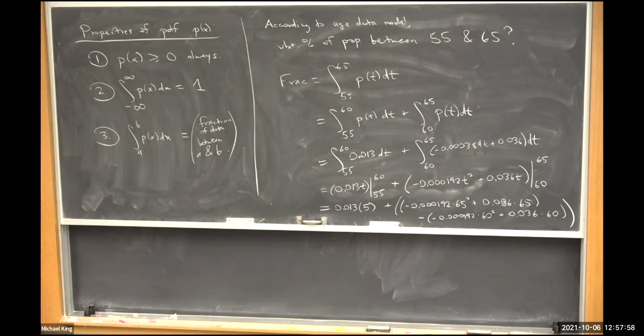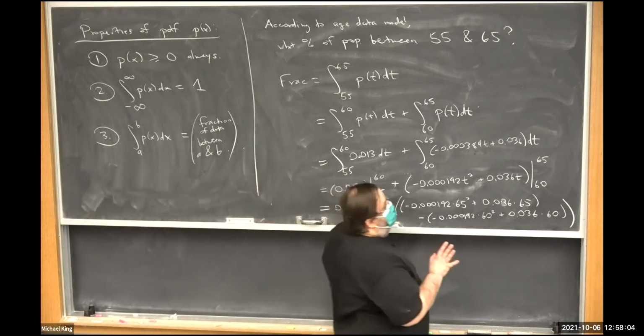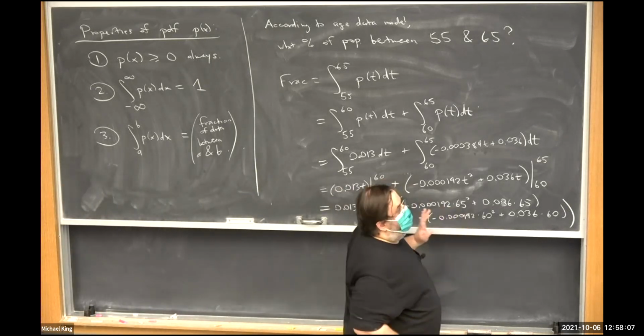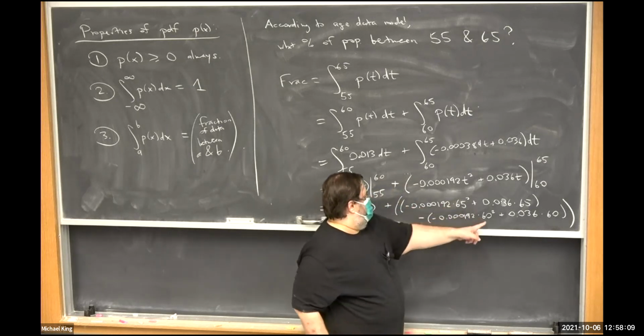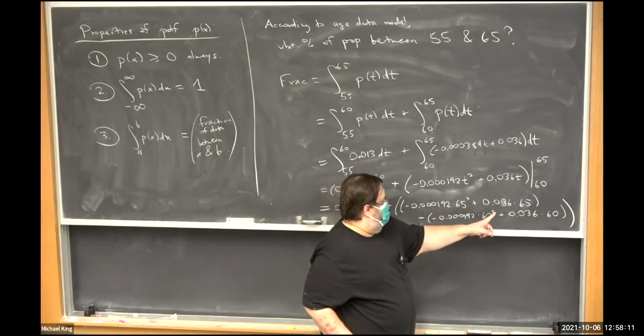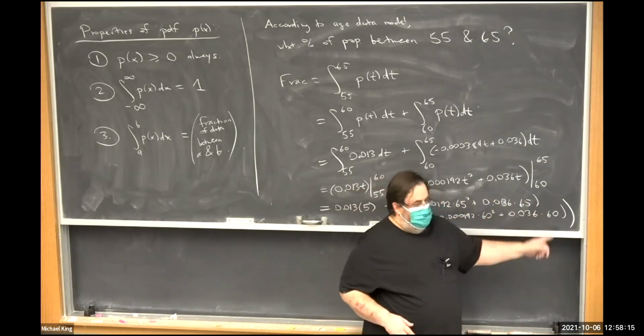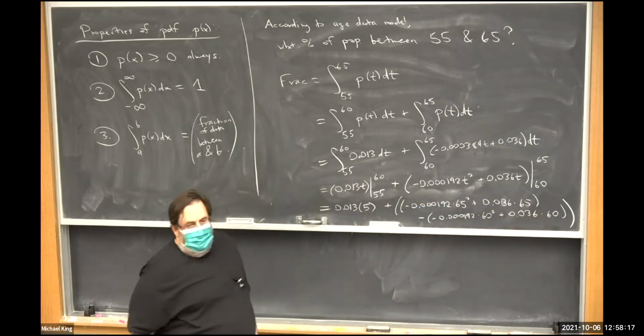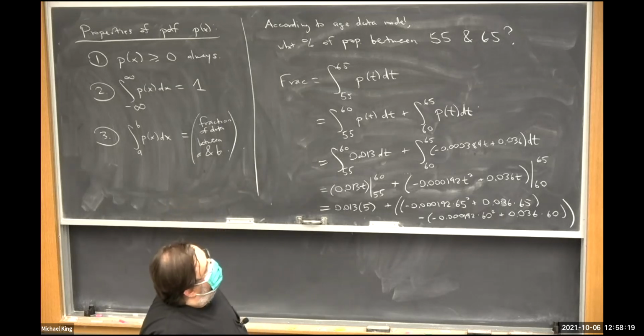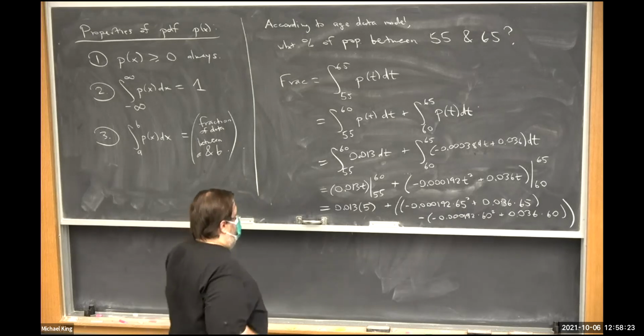Wow, she worked out to be nice. 0.06. I think if I did that right, you guys can check me. But I basically just did the 65 squared minus 60 squared times this number with a negative sign, plus 0.036 times 65 minus 60. The distributive law for the win. I typed it in correctly, but okay, so that's 0.06.